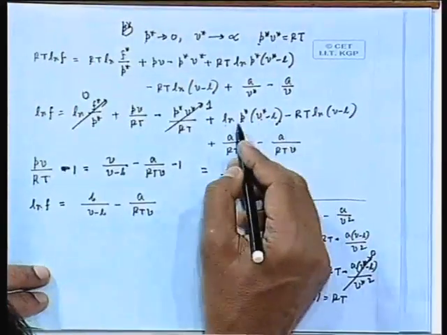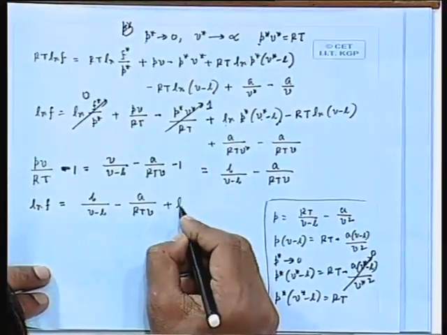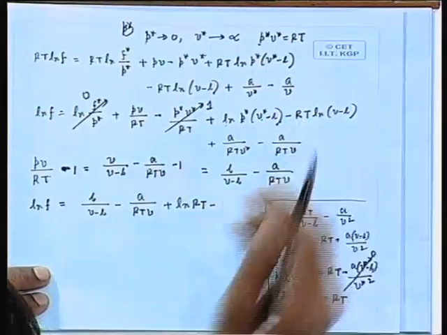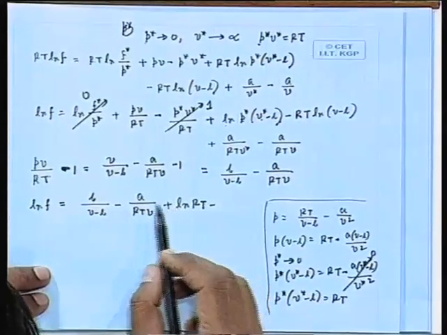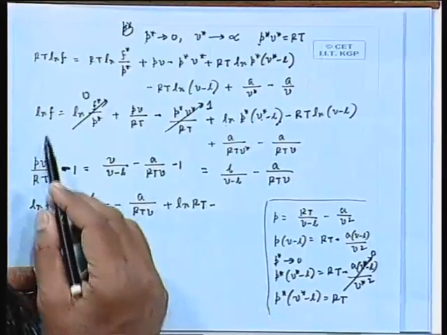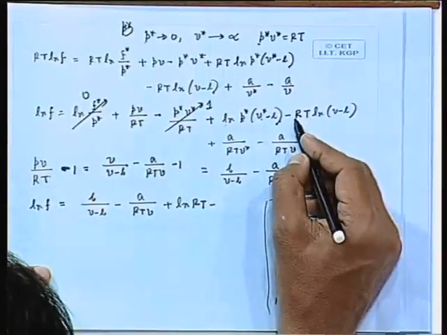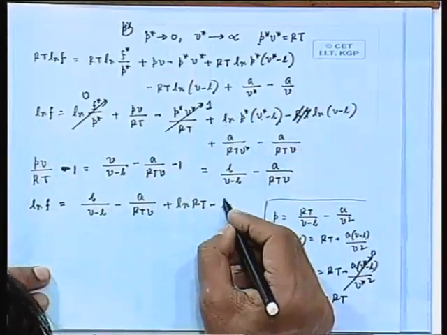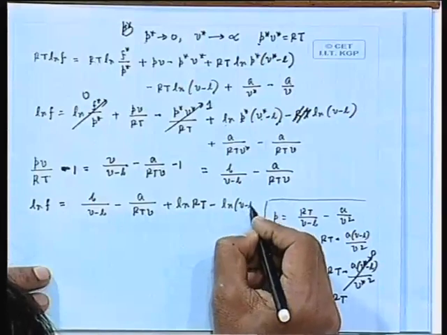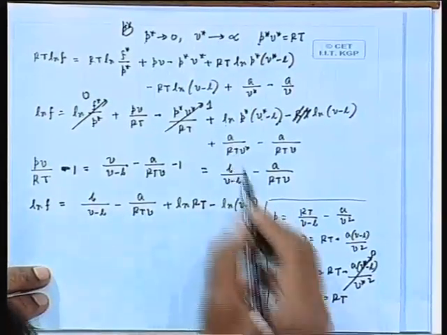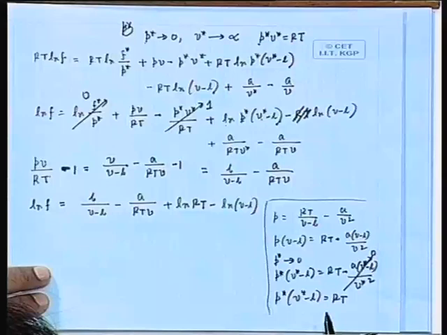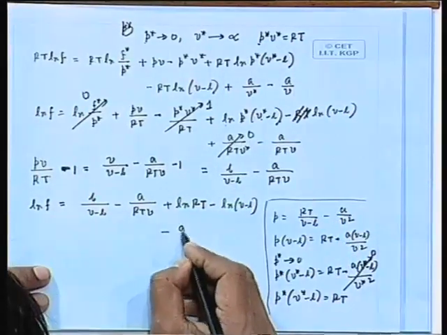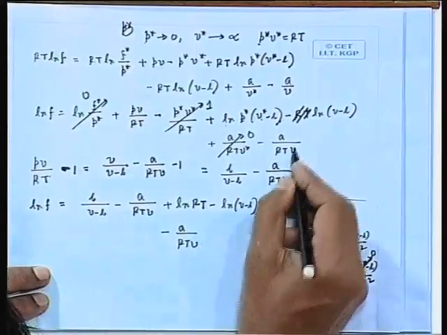That means this part I can write RT plus ln RT minus this RT. What I have done is multiply and divide by RT, so RT is not there, ln V minus B. Now again you see V star tends to infinity, this term is 0, so minus A by RTV, so this remaining term.